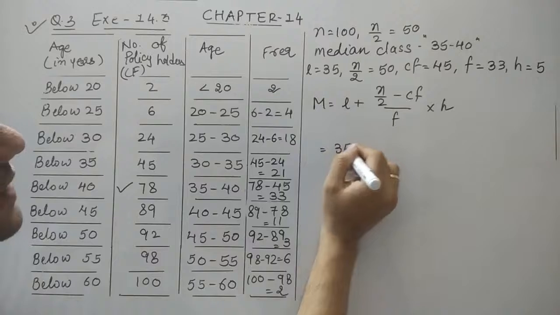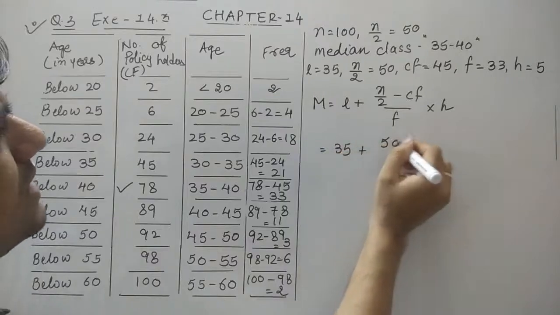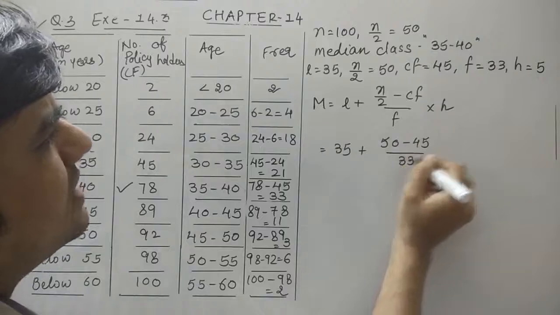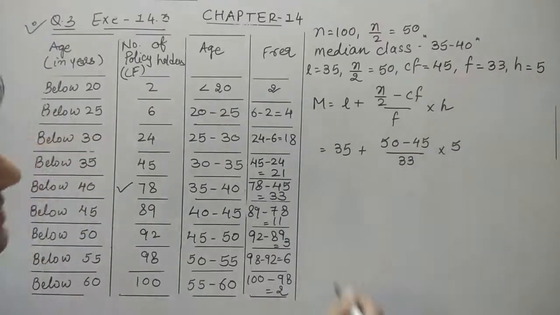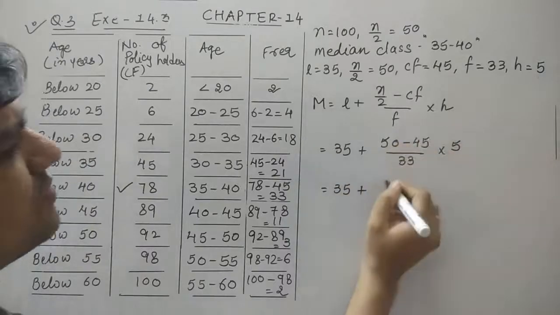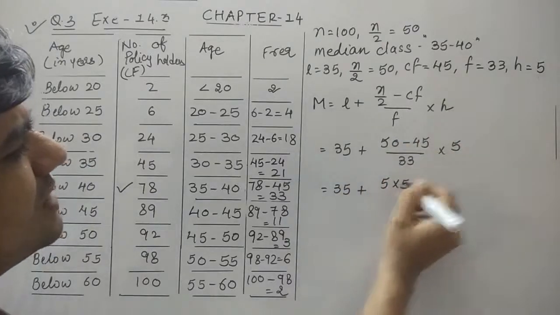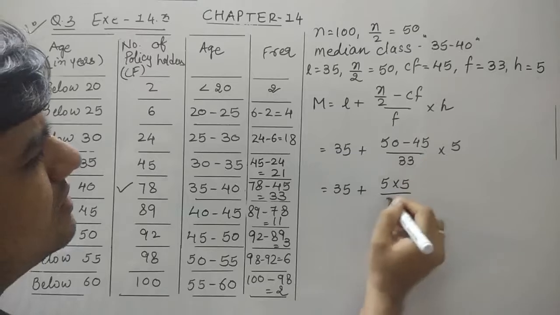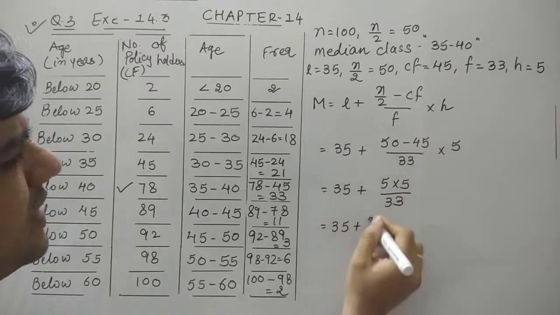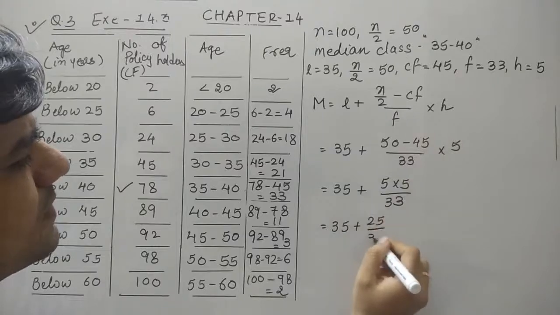L is 35, n upon 2 is 50, minus 45, upon 33, into h. So it is 35 plus, the subtraction will be 5, 5 multiplied with the numerator, and 33. So 35 plus 25 upon 33.